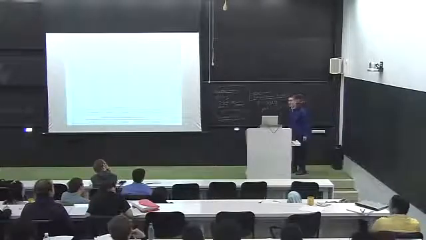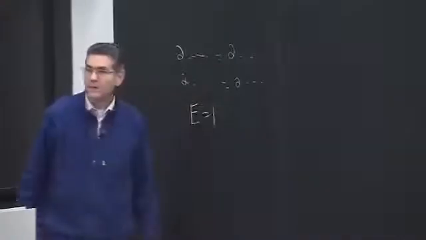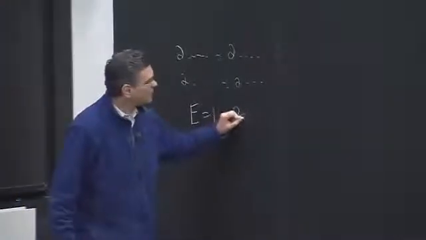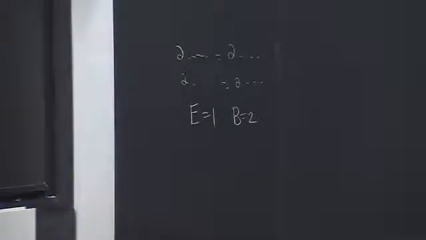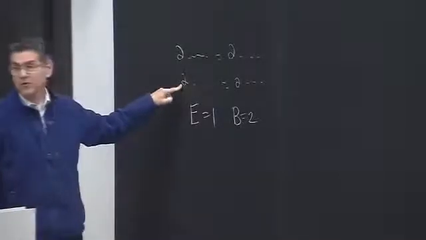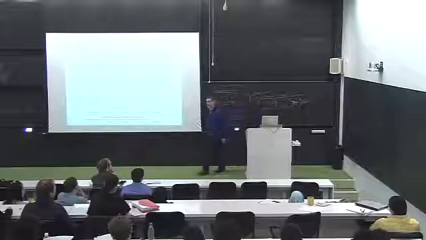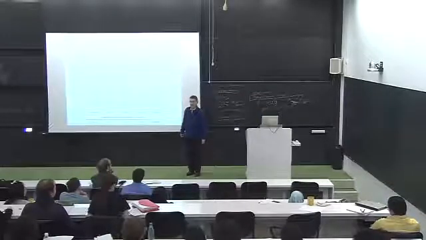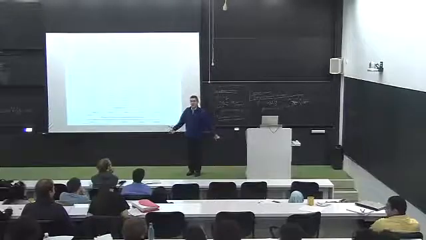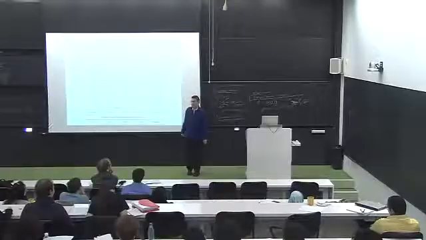One solution to this equation is the electric field equal to 1, and the magnetic field equal to 2. That's because the derivative of whatever it is 0, so I solved them. E equals 1, and B equals 2. There you go. That's a solution to Maxwell's equations. I solved them.